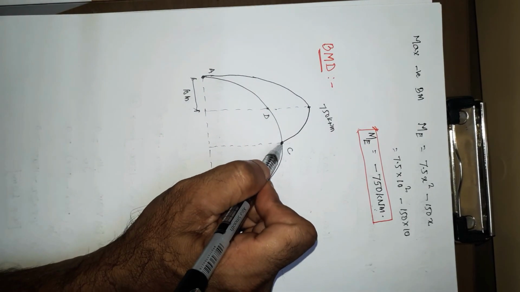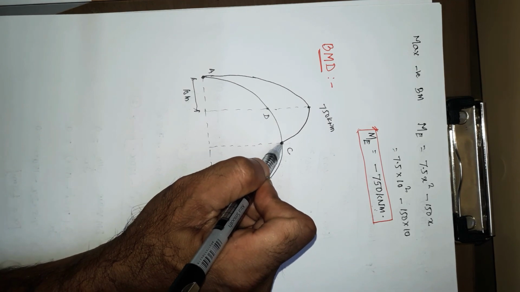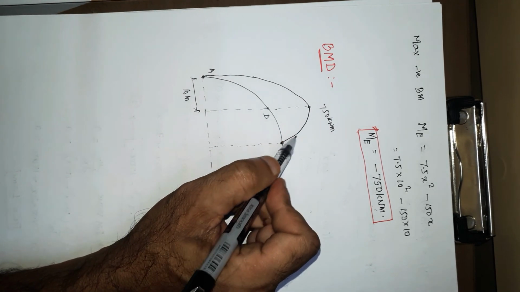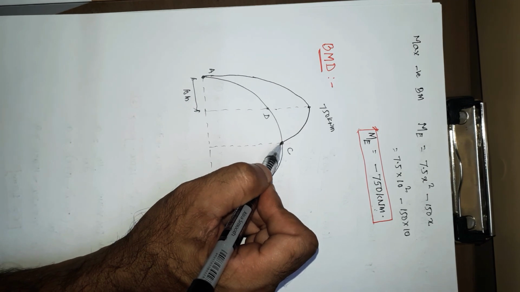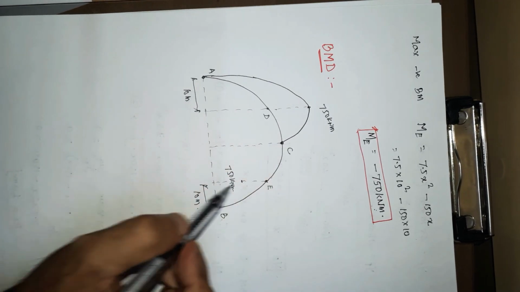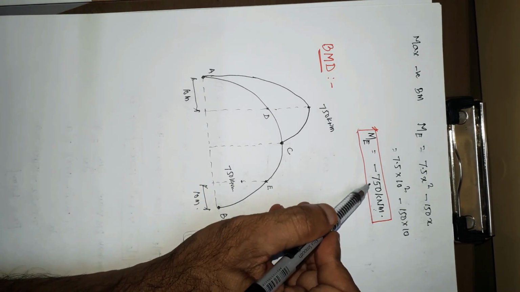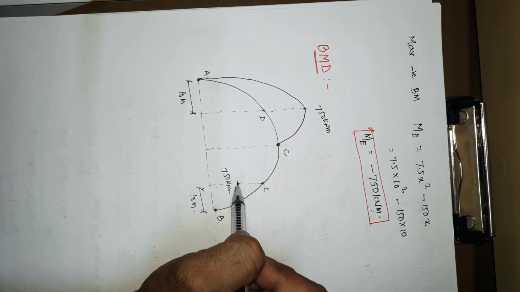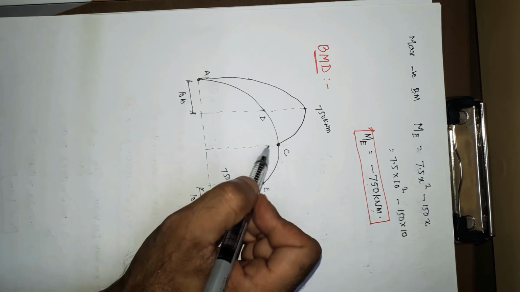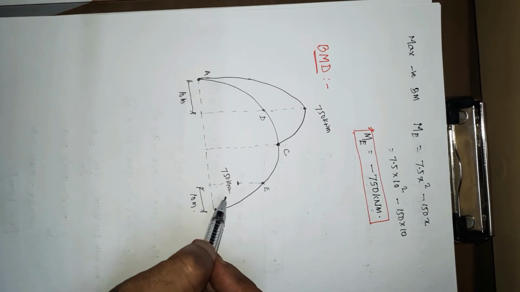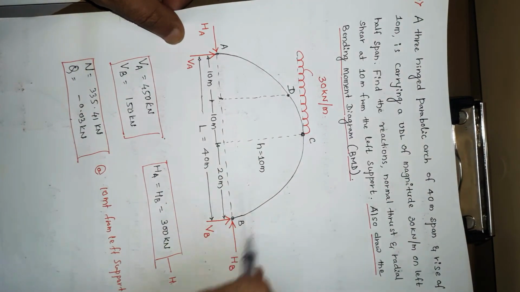Since at C the bending moment is 0, whatever line we are going to draw has to pass through C. Now, what is the bending moment at E? The bending moment at E is minus. Minus means it is below. We have marked here 750 kilonewton meter. Now, C to B, if you observe the diagram, there is no load here.